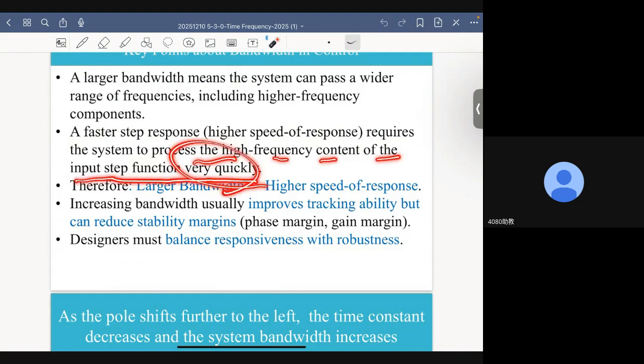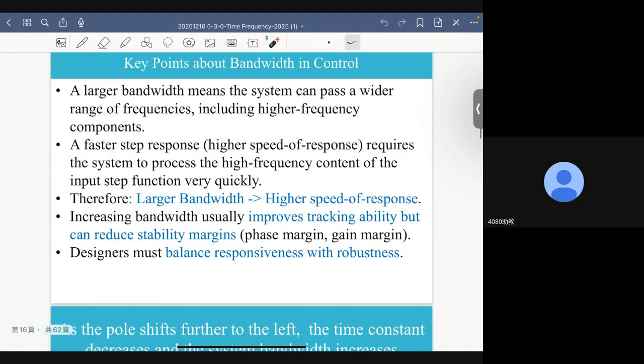If you want to have a fast system, then the number one condition that this system needs to satisfy is that it should be able to process high frequency components of the input. So large bandwidth means higher speed of response.